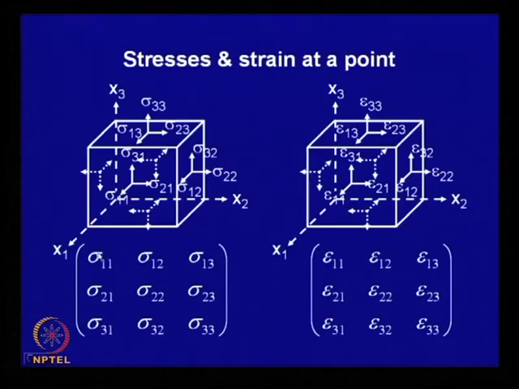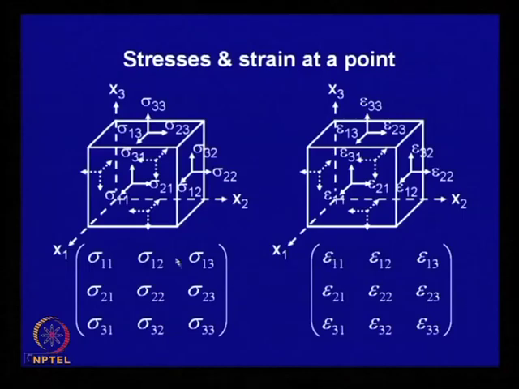So, in reality it is good enough to define stress with this. That means the stress matrix is symmetric. Sigma 2 1 is equal to sigma 1 2, sigma 1 3 is equal to sigma 3 1, sigma 3 2 is equal to sigma 2 3, and the same thing happens in case of strain as well.